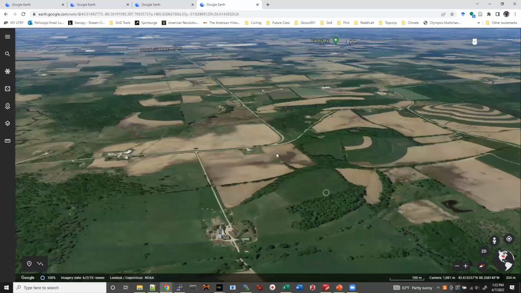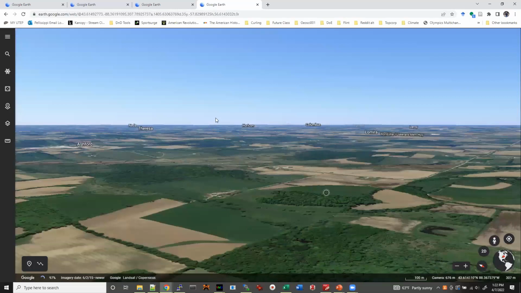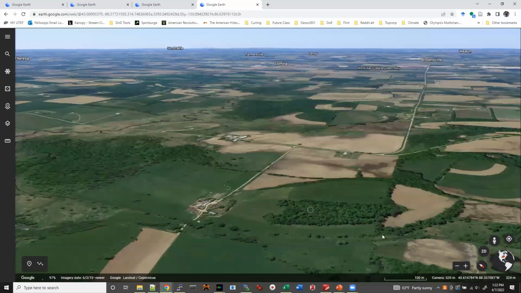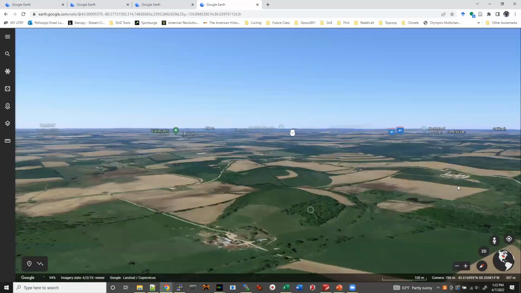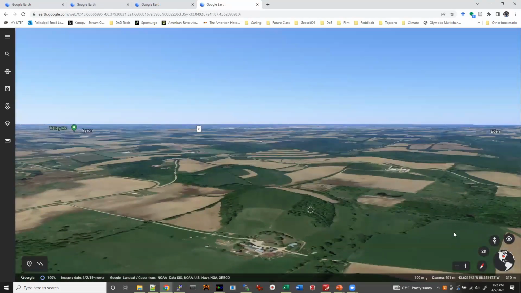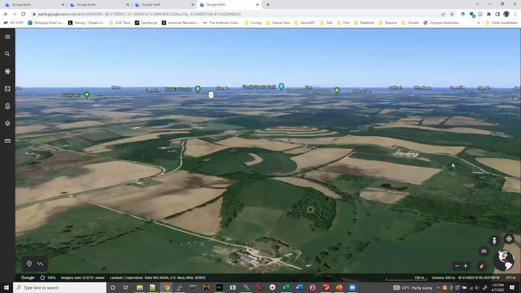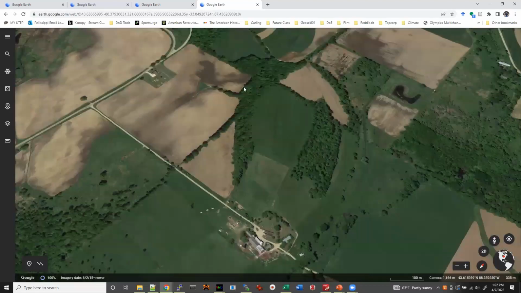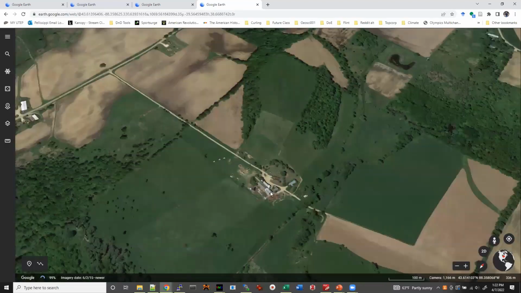Hard to see from just Google Earth, but we can see that this mound is elongated in this direction. It's a little stubbier in that direction. It's pointing in the direction of motion of the ice in this location. It forms sort of a teardrop shape, and it's elongated to the south here. That's because the ice was moving to the south and stretched that drumlin out in that direction.